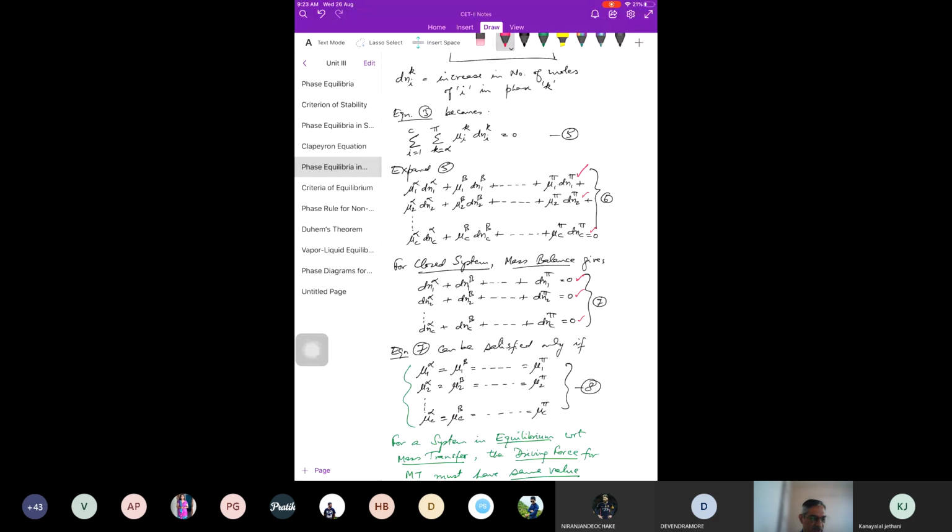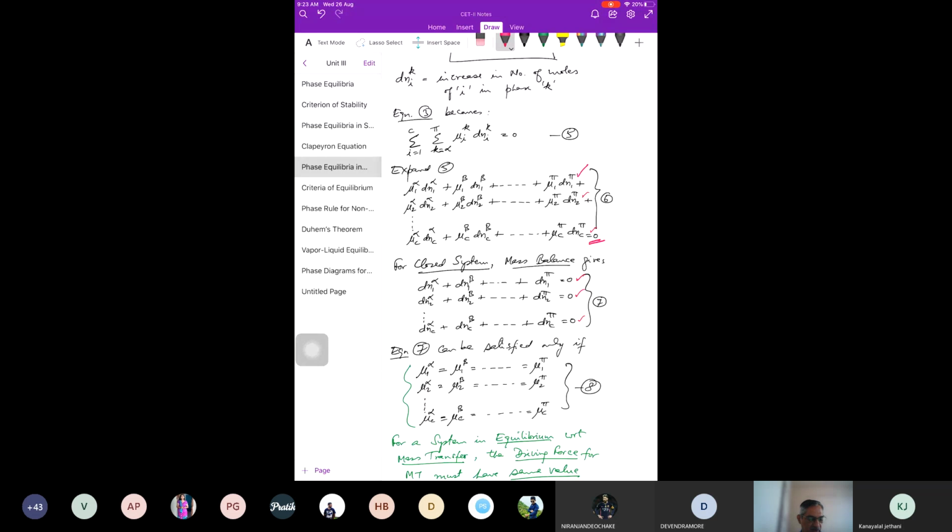So if you look at equation 6, it is mu1 alpha, dn1 alpha, etc., up to all components in all phases, that total is equal to 0. Right? So for all components and all phases, mu i superscript k, dn i superscript k is equal to 0. And from equation 7, we know that the change in number of moles of component 1 is equal to 0.